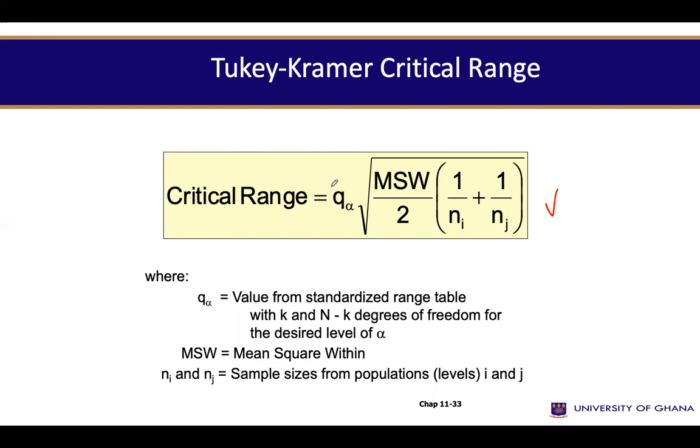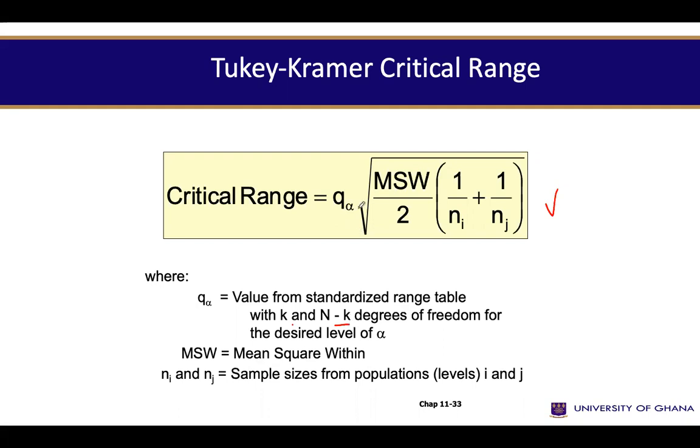It's read as you would read from an F distribution table. So there is nothing much different between reading Q tables and F tables. Actually, it has K and then N minus K degrees of freedom. So it is the same thing that we've been doing over and over again.